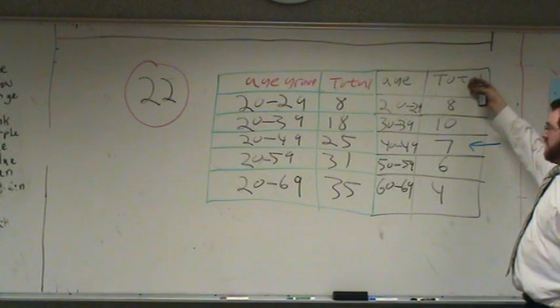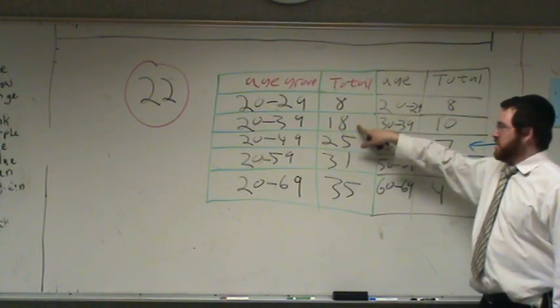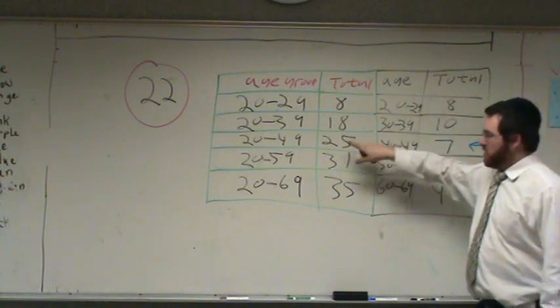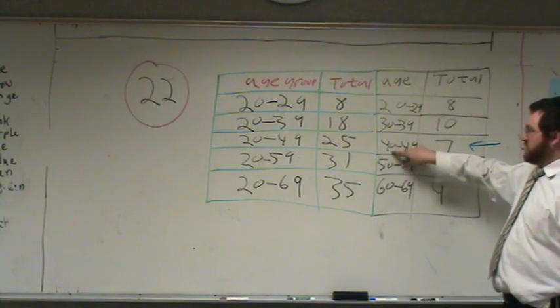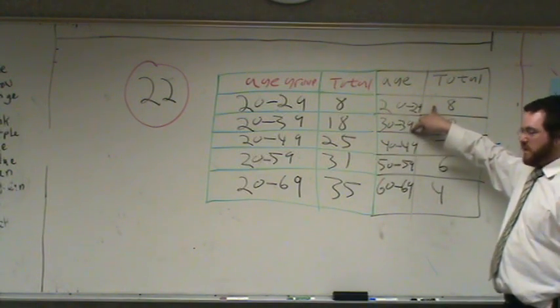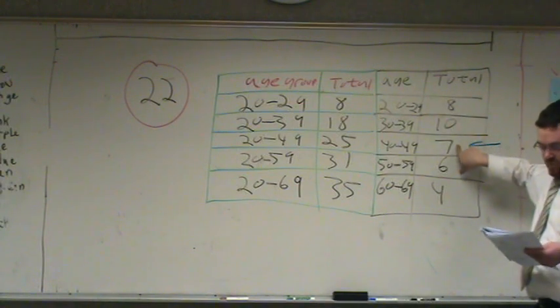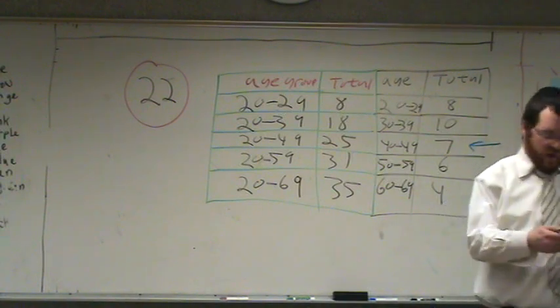So I already did this over here. 20 to 29 is 8. 20 to 39 is 18. Subtract the 8 from 20 to 29, you have 10. 20 to 49 is 25. So if you subtract the 8 till 29 and then the 10 till 39, you're left with 7. So from 40 to 49, you have 7 runners, and that is answer 3.